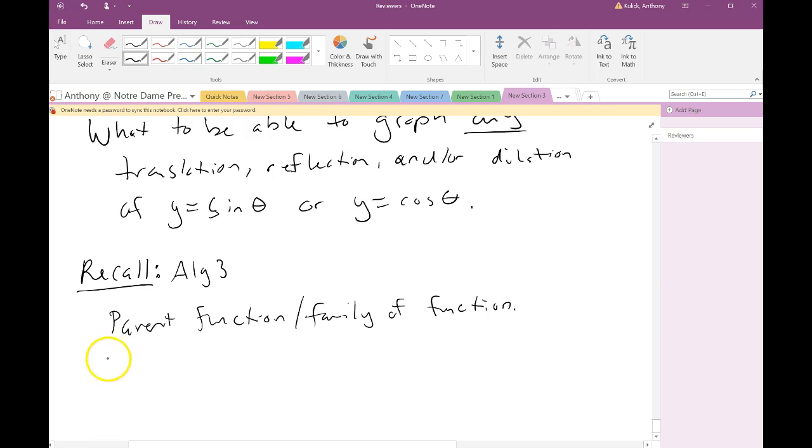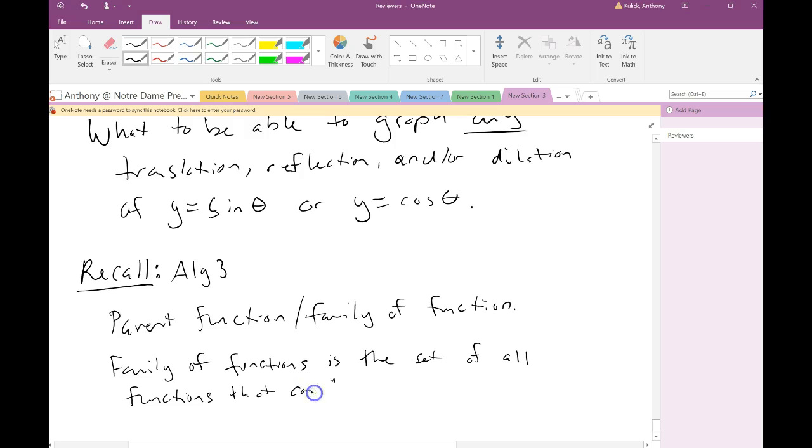So we said in Algebra 3-4 that a family of functions is the set of all functions that can be written as a transformation of a parent function.